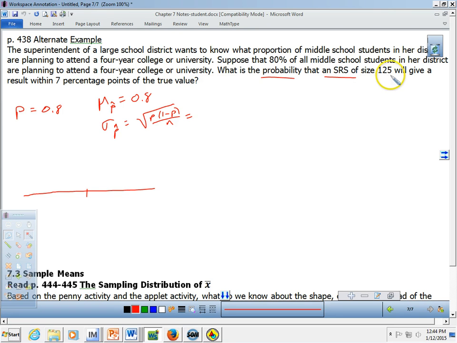Is it reasonable to assume that there are more than 1,250 students in the population? Is that a reasonable assumption? Well, I think so. Think about 1,250 students out of 6th, 7th, and 8th grades.